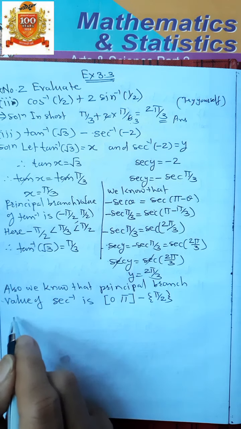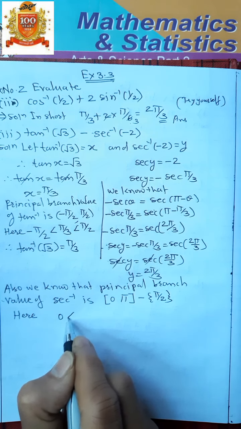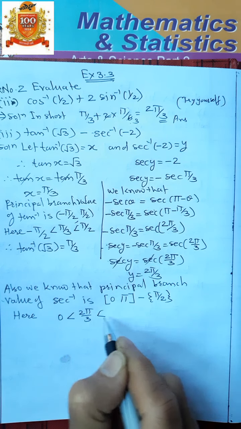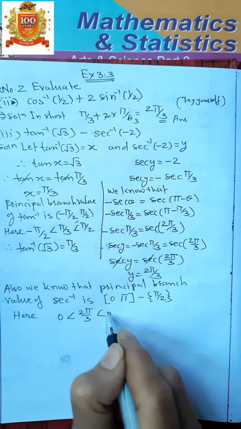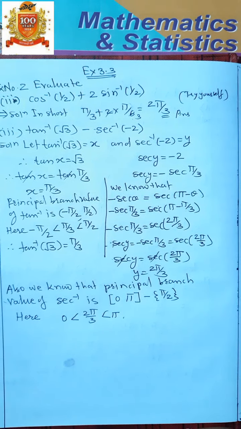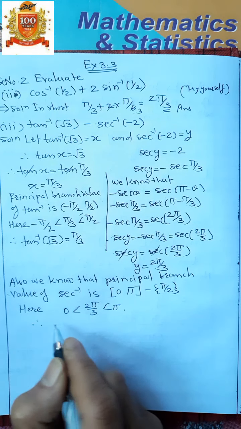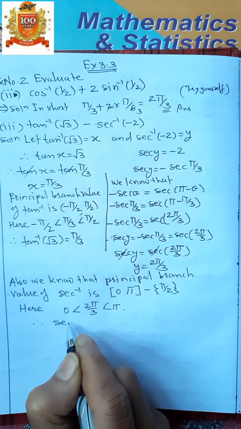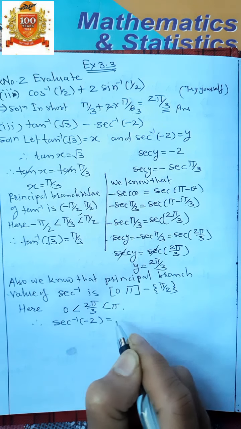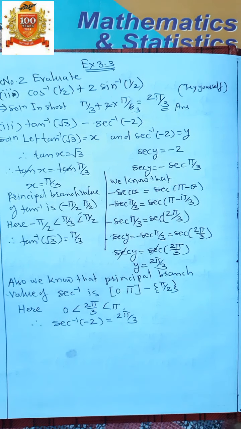Here, 0 is less than 2 pi by 3 is less than pi. Therefore, sec inverse of minus 2 is equal to 2 pi by 3. Isn't it?